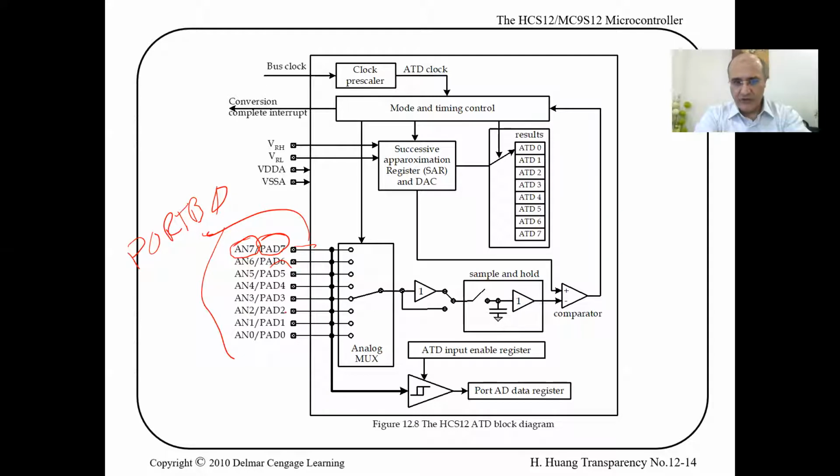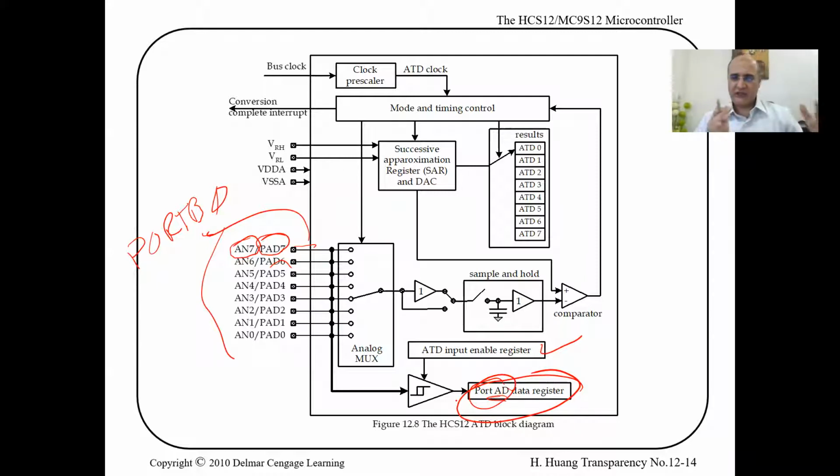So you will need to enable the bit to be digital. And when it's enabled, you'll find the data in the data register. Okay. In this case, we call this port AD, digital port.